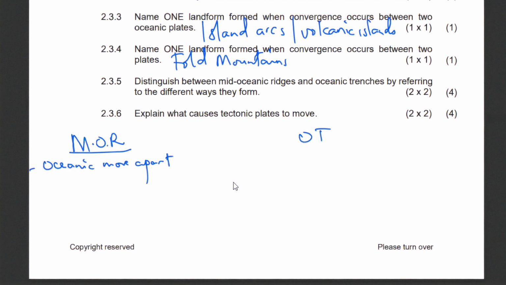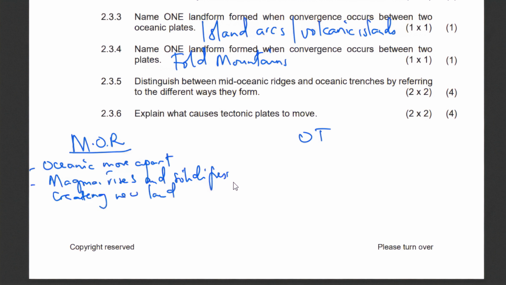It means if they are pulled apart, magma rises. Because now there is a space, plates are moving away from each other, the magma rises and solidifies. And as the magma solidifies, it creates new landforms.